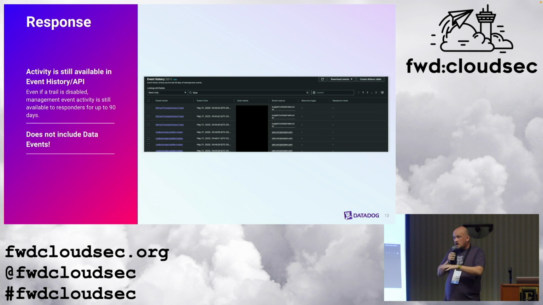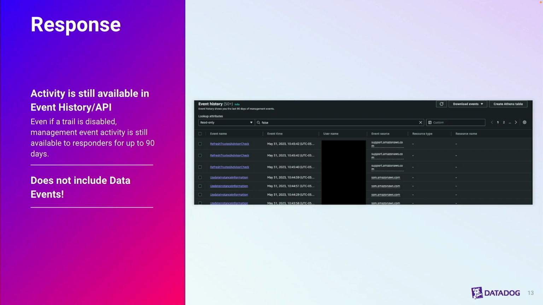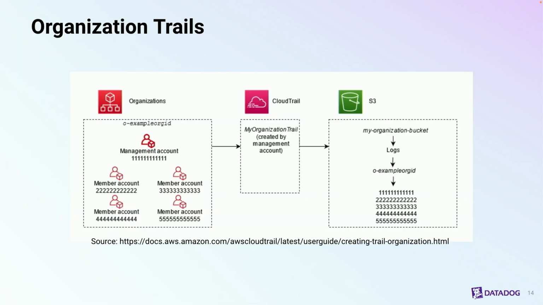But in reality, by default, CloudTrail is running out of the box with no configuration every time you create an AWS account. Even if you've never set up a trail before, it's still running. You can still pull those events from the CloudTrail API, or if you prefer a GUI, you can use the event history. Bear in mind that's going to be on an account-by-account basis. How can we prevent this?